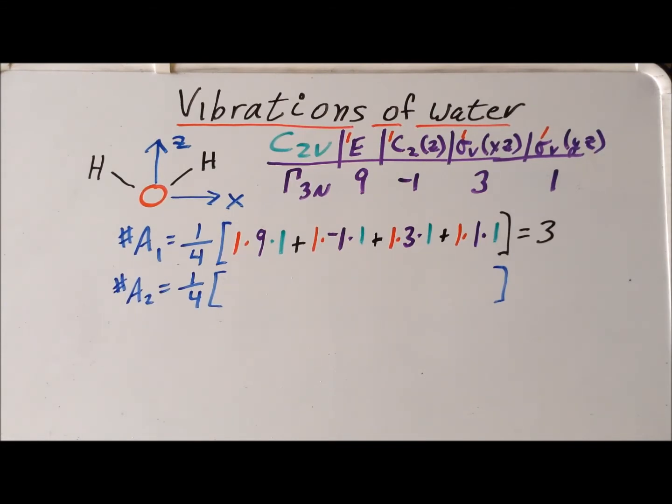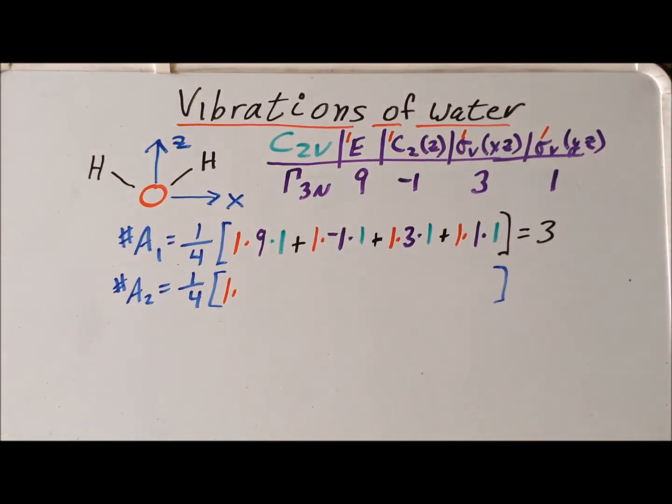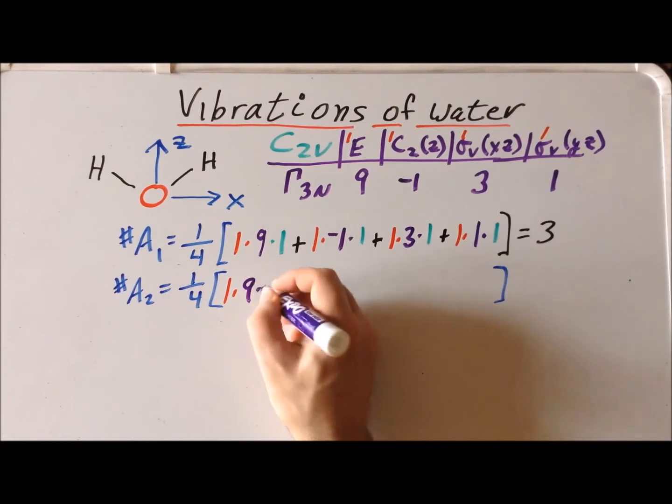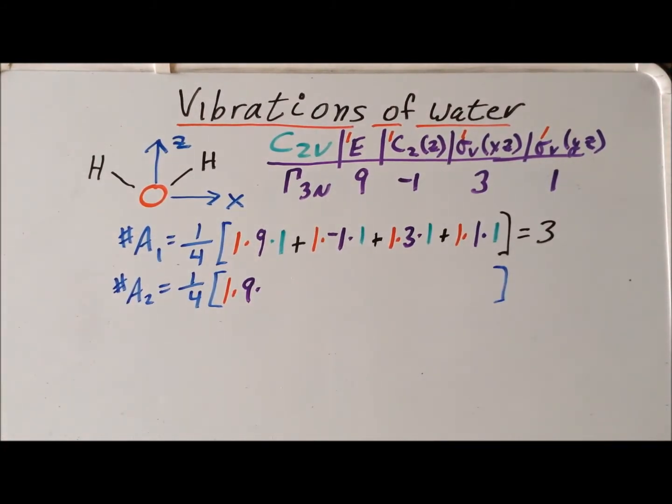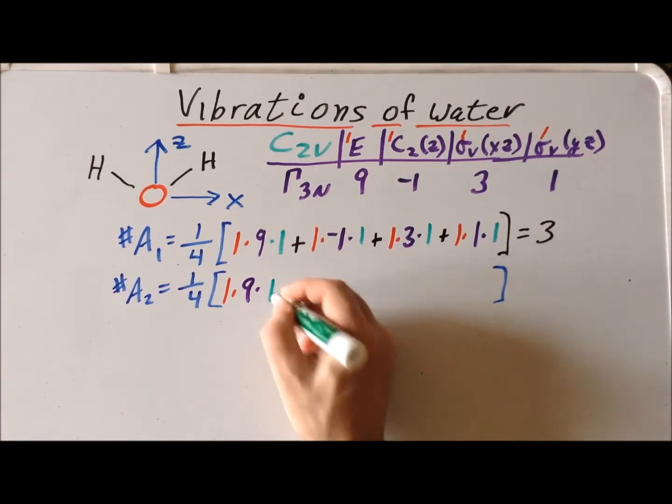So we will rather quickly write down the first two terms and then we have to put down the character from the character table. So for A2, the character in the character table for E is also a +1.